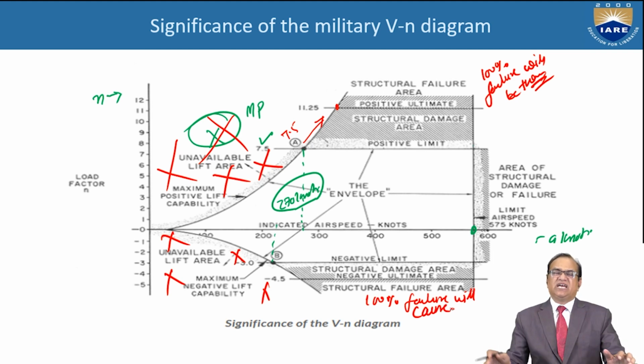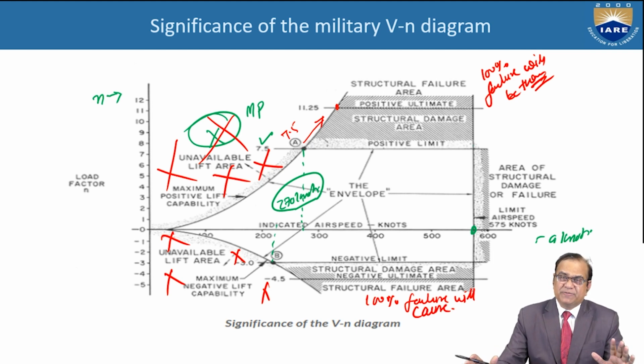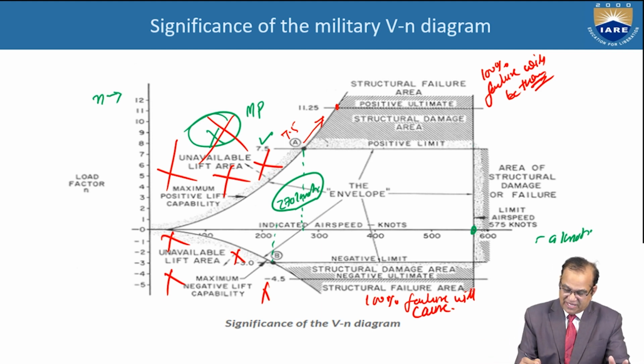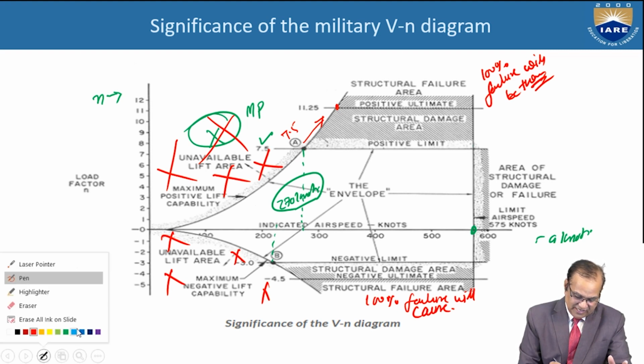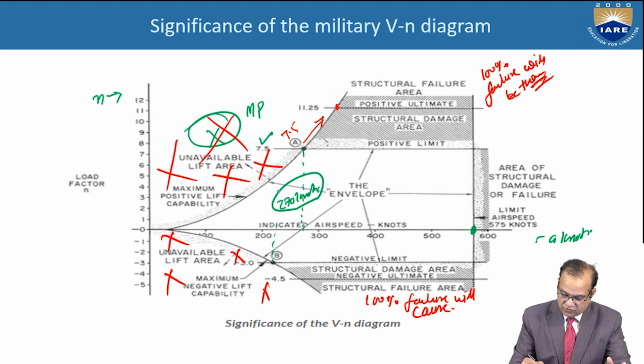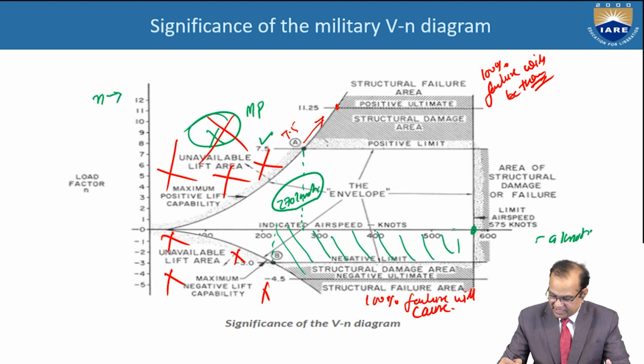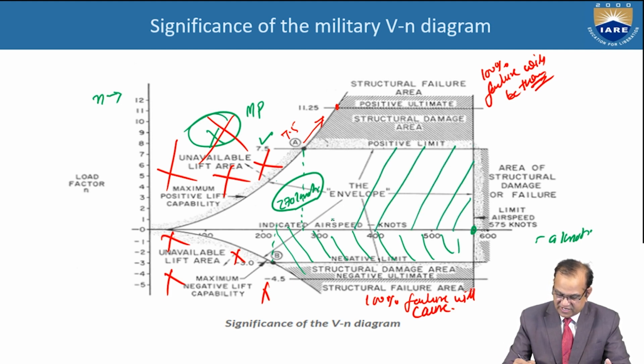So this is a typical VN diagram for a fighter aircraft, and where we have to fly, the best zone to fly, I will just again mark with green. So from here, this area, and here it is the best area to fly your aircraft.